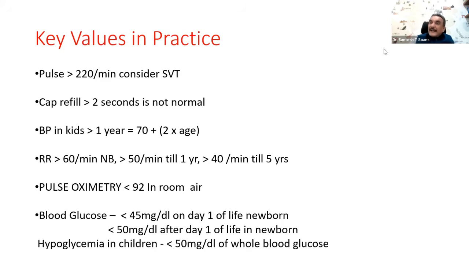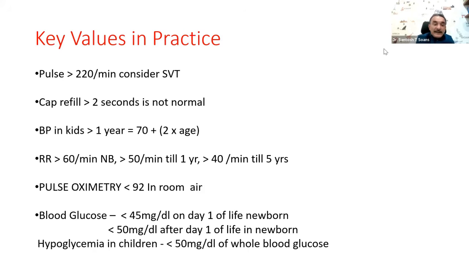Any baby or child whose heart rate, when you palpate or hear, is more than 120, you should think of sinus or ventricular tachycardia. A capillary refill time of more than 2 seconds is not normal.